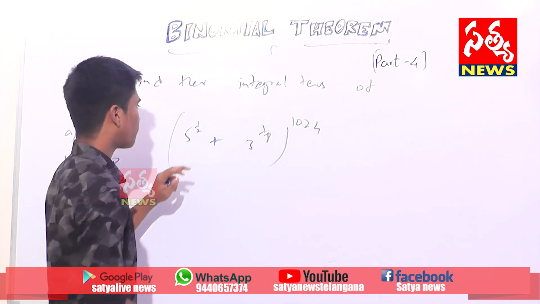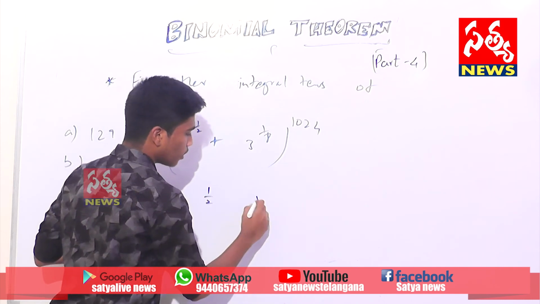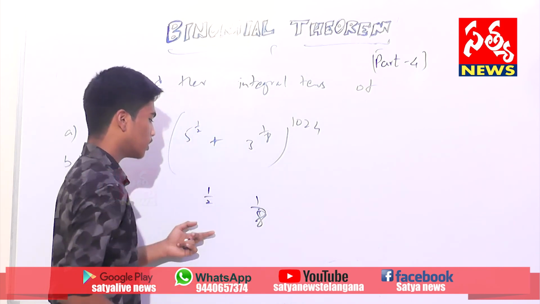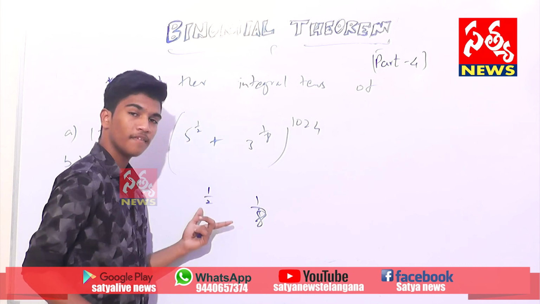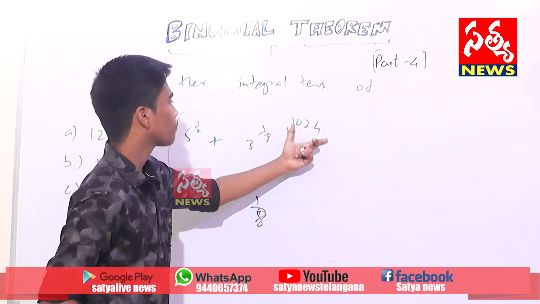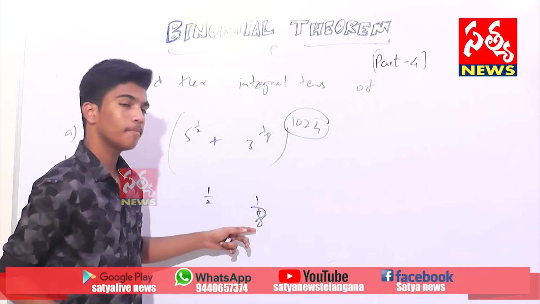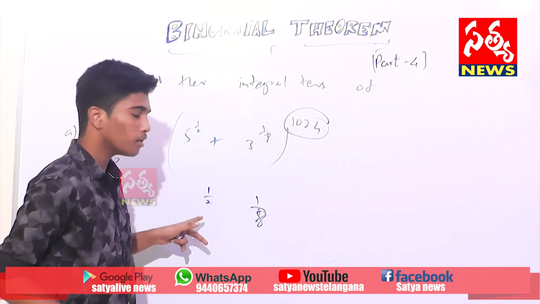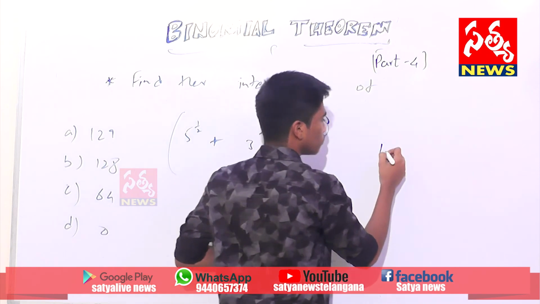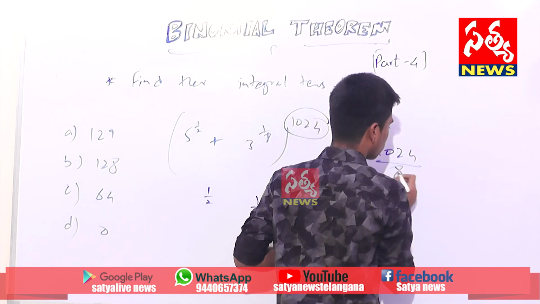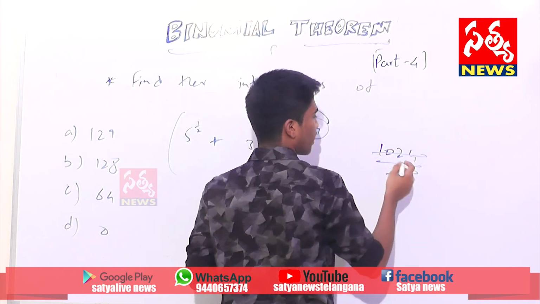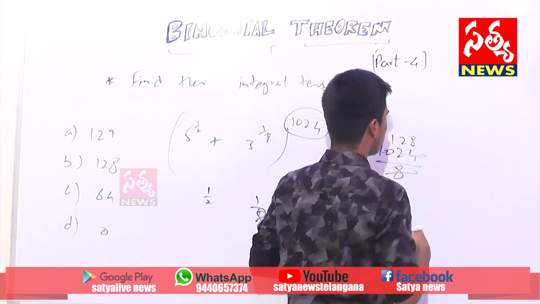First of all, see here the powers are 1/2 and 1/8. Here 8 can be divided by 2. So if the power 1024 is divided by 8, then it is also divided by 2. So 1024 by 8 gives the value 128.